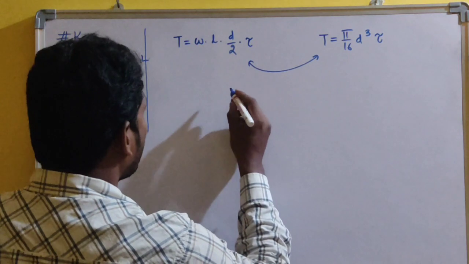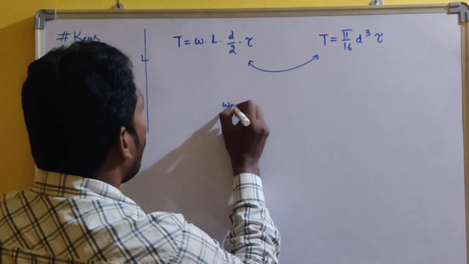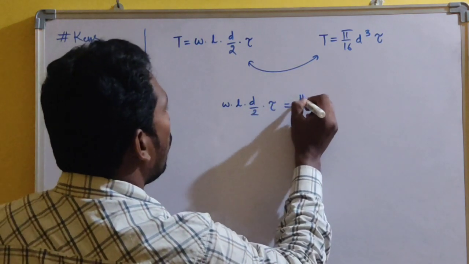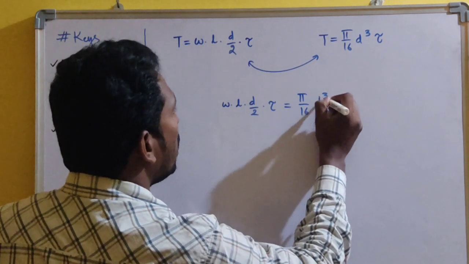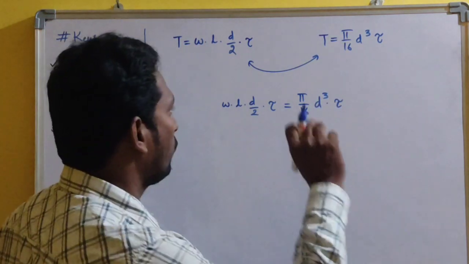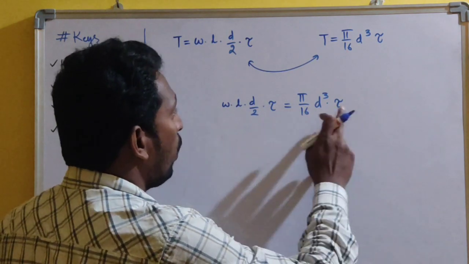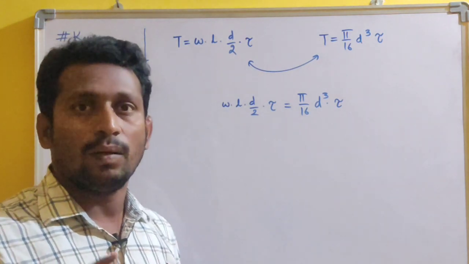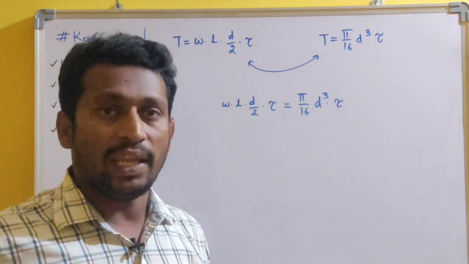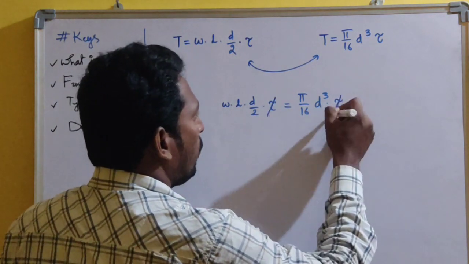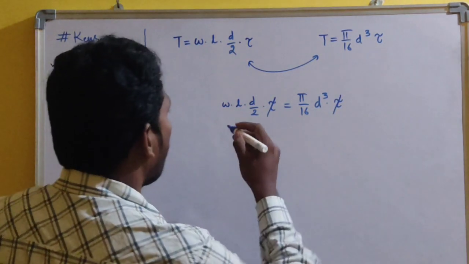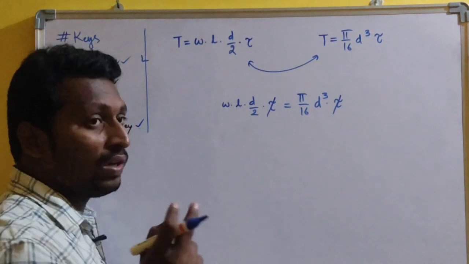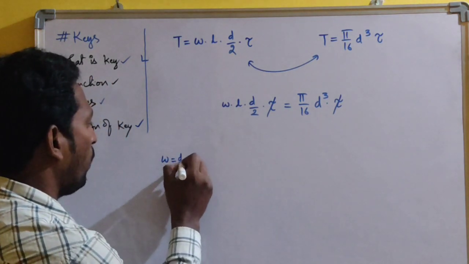See here, W into L into d by 2 into tau, and pi by 16 d cubed into tau. In this relation we have tau and tau. The shear stress value is common for both the materials of shaft and key, so this tau will be cancelled, and in place of W we can substitute d by 4, as we know that W equal to d by 4.